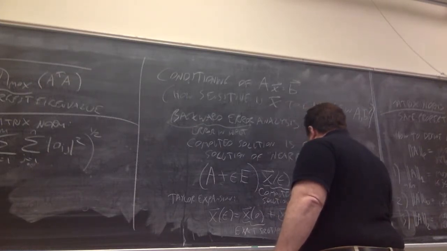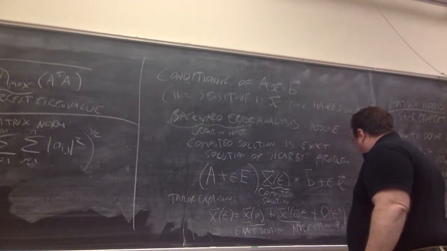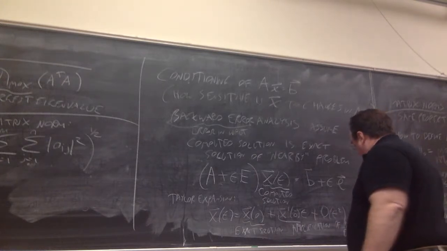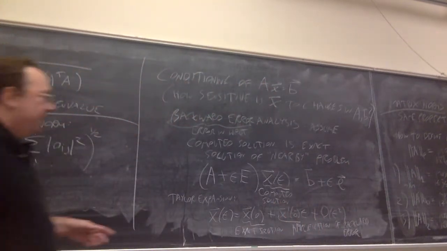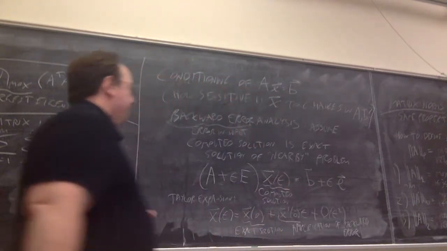your amplification of backward error, because epsilon is an indication of your backward error. It's a size parameter for how much A and B are changed.